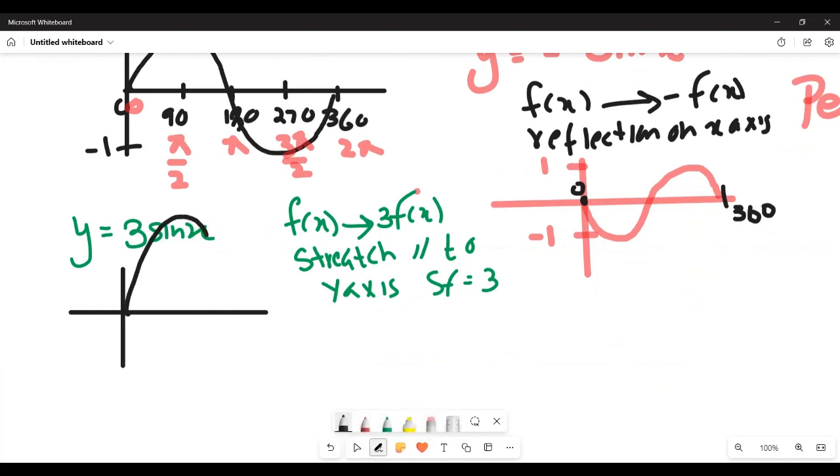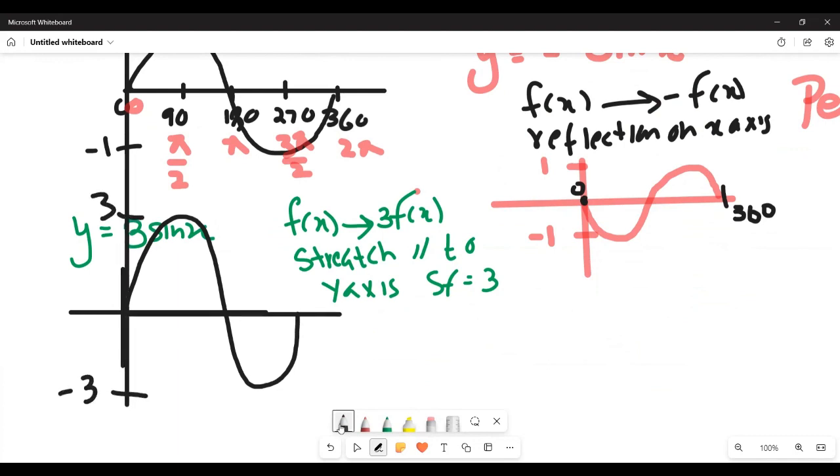It goes up to 3 and it goes down to minus 3. So the range is between 3 and minus 3, and the x values are still the same: 0, 90, 180, 270, and 360. And the period is still the same. The period is 360 or 2 pi.